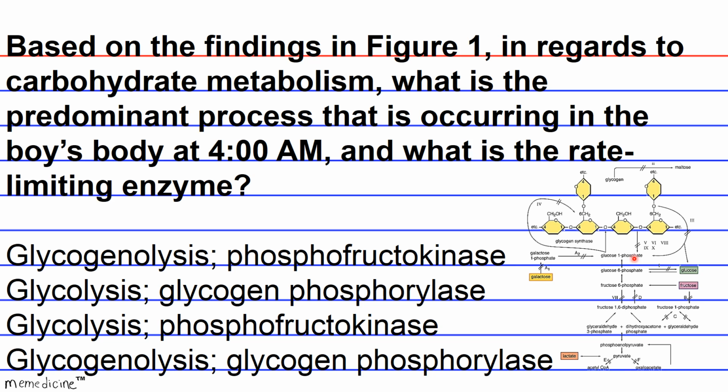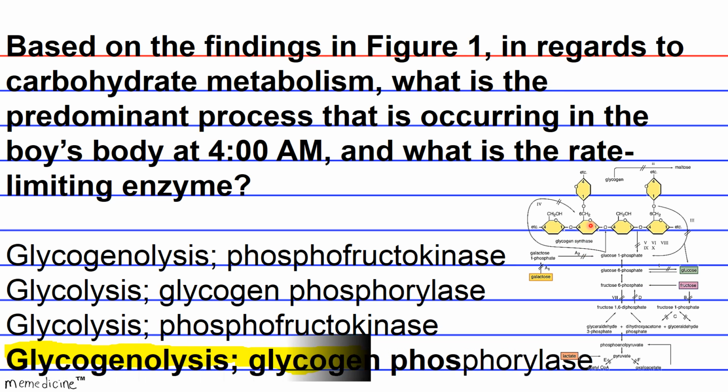And the action of glycogen phosphorylase occurs right here, where it breaks the alpha-1,4 terminal linkage to yield glucose 1-phosphate. So at 4 a.m., the body is in the fasting state, glycogenolysis is the predominant process occurring, and glycogen phosphorylase is going to be the rate-limiting enzyme. All right? Okay.